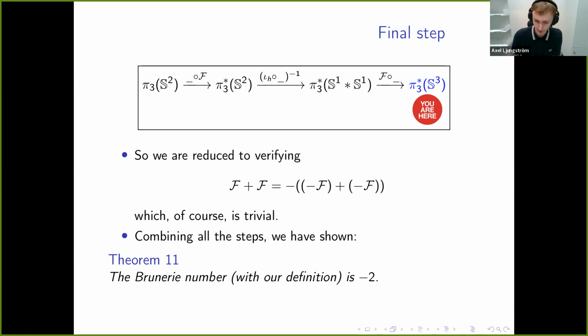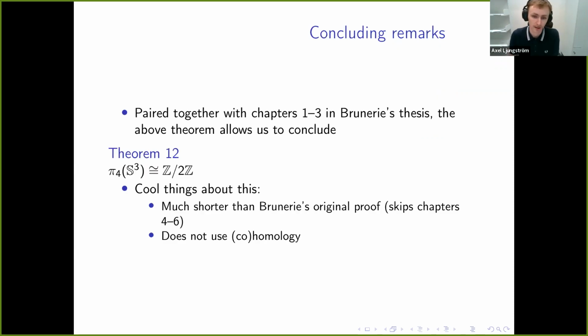So the Brunerie number with our definition of it is equal to -2. If you pair this together with chapters 1 through 3 in Brunerie's thesis, the theorem we have just shown allows us to conclude that pi 4 of S3 is equal to Z mod 2.